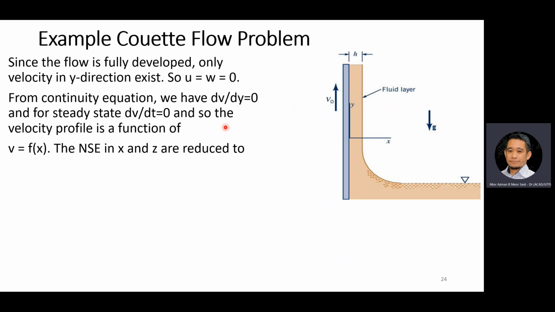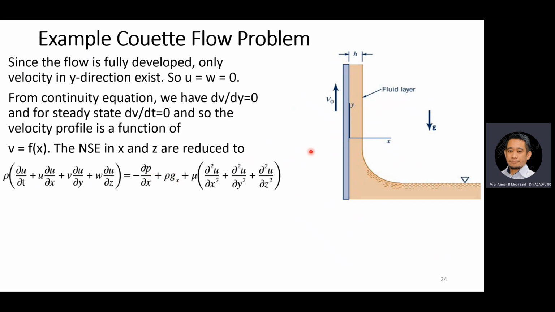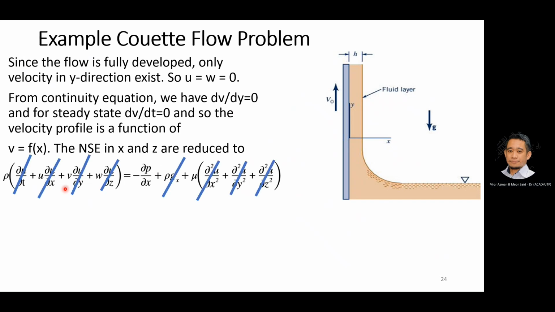Right, so the flow is fully developed. So you know that u equals w equals 0. From the continuity equation, we have dv/dy equal to 0, and for steady state, dv/dt equals 0. So the velocity profile v is a function of x only. Looking at the Navier-Stokes equations in the x and z directions, those all equal 0.